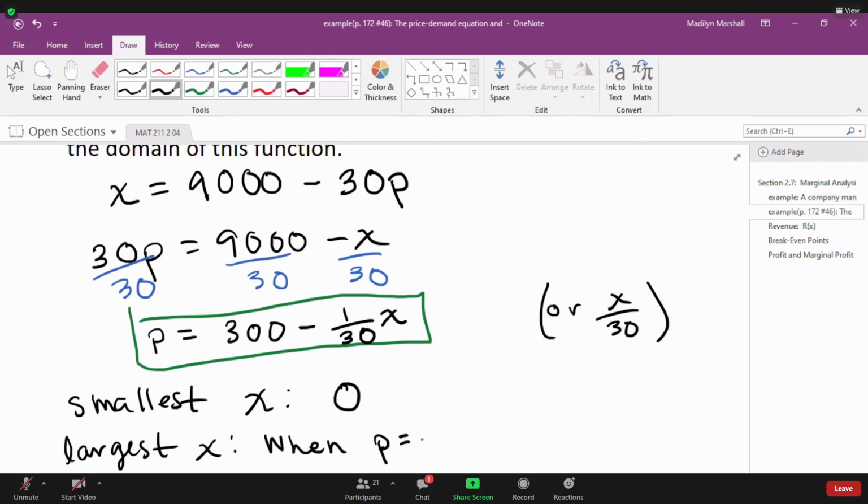Not quite, that would be the price when x is 0. I'm seeing in the chat 9,000. So that is the largest x we can have. That is true, and that is when p is 0. When p is 0, x equals 9,000.